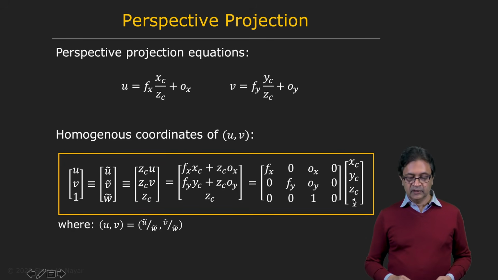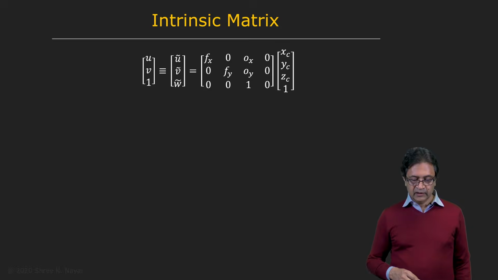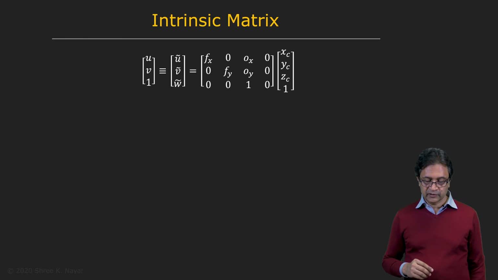Okay, so now this tells us that we have a linear model for perspective projection. And this matrix that we just introduced is called the intrinsic matrix. It has all the internal parameters.